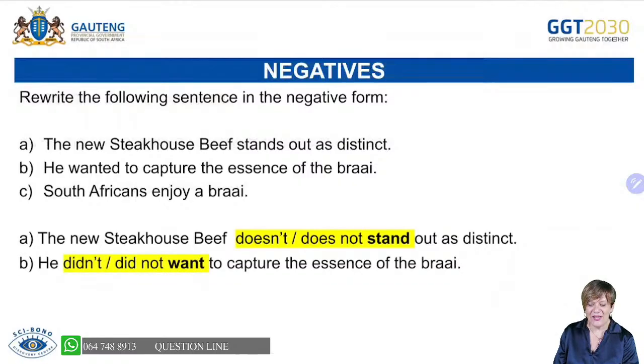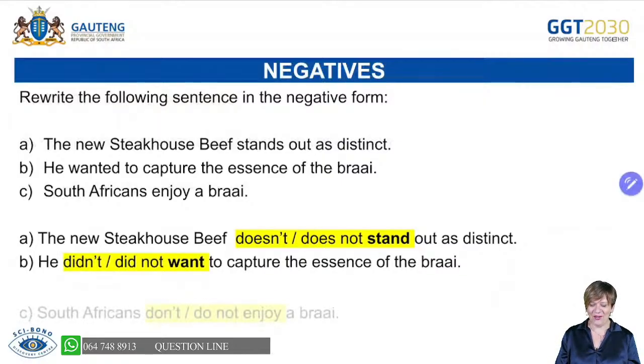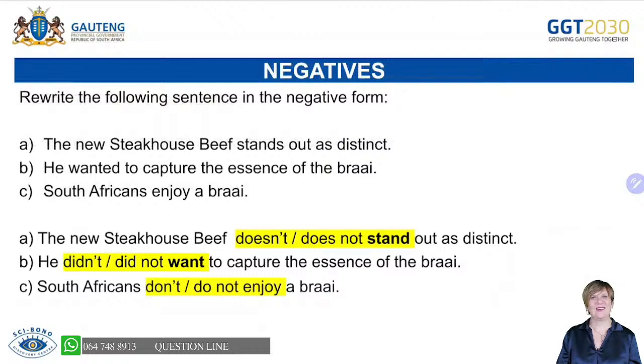He wanted to capture. Now, wanted is your past simple tense. In this case, I'm going to use didn't or did not, and I need to use want. Did not want it? Can you immediately hear it doesn't work? So that's the best way to do it. And South Africans enjoy a braai. South Africans don't or do not enjoy a braai.